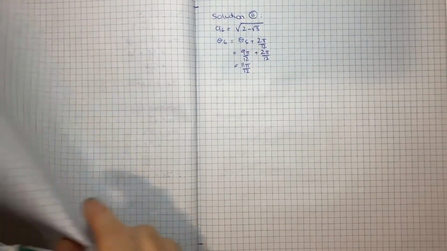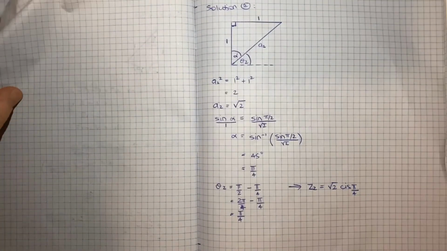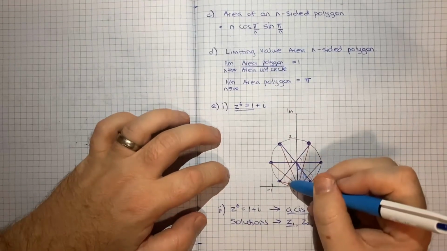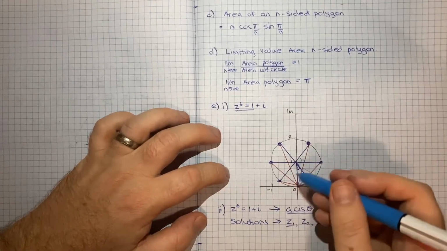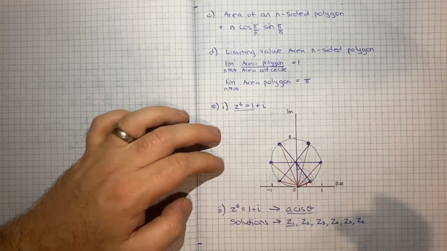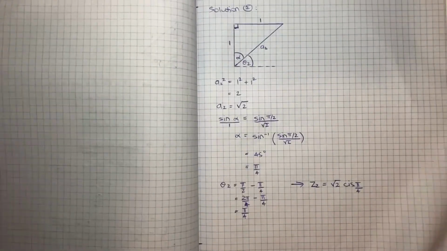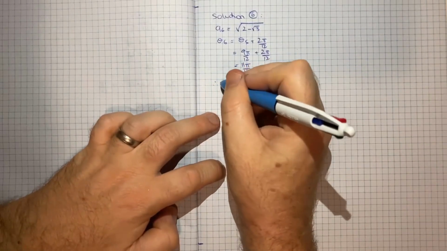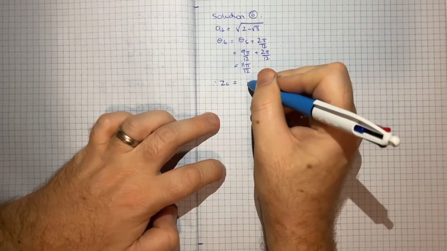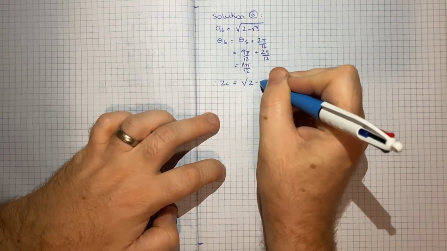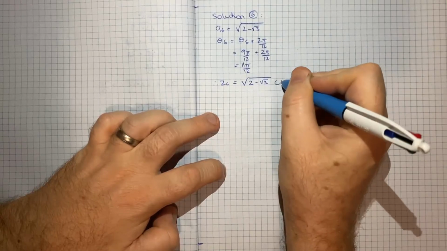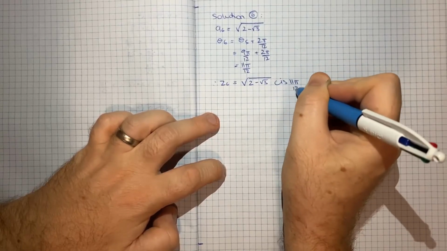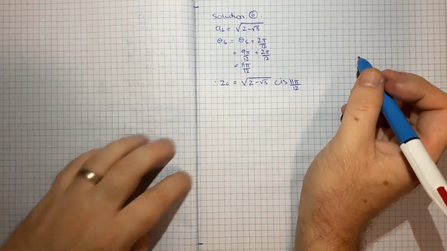Which again makes sense because we get very close to going all the way around, but not all the way. So 11 pi on 12 visually just looks about right. So that means we can say Z6 is equal to root 2 minus root 3 cis 11 pi on 12. And that is the end of that question.